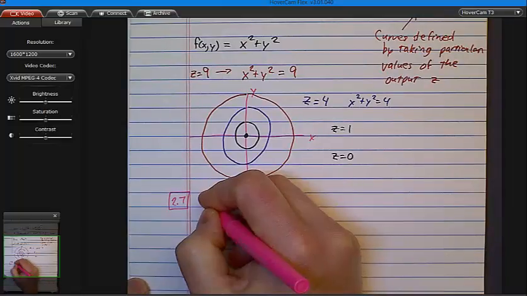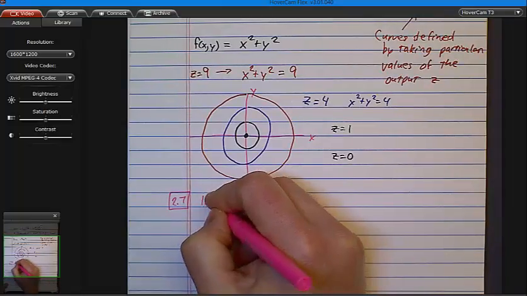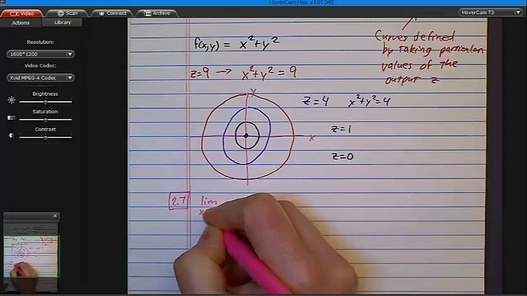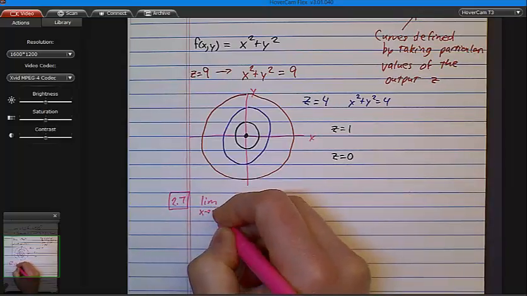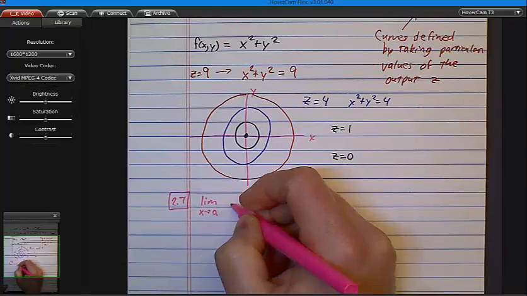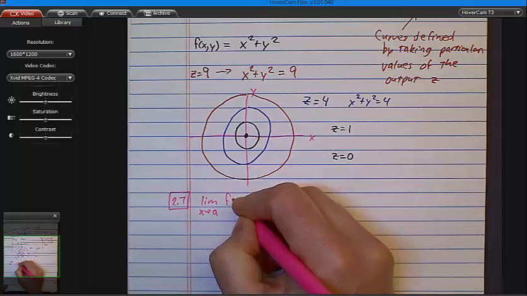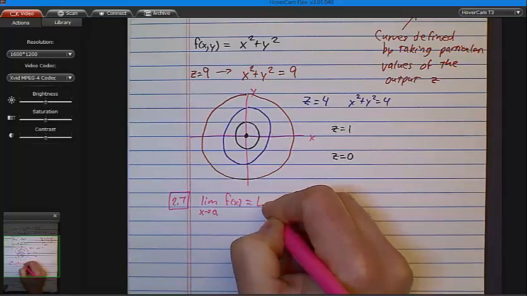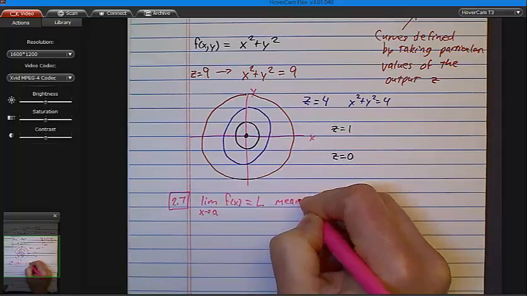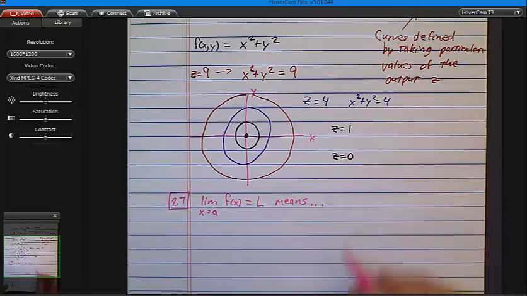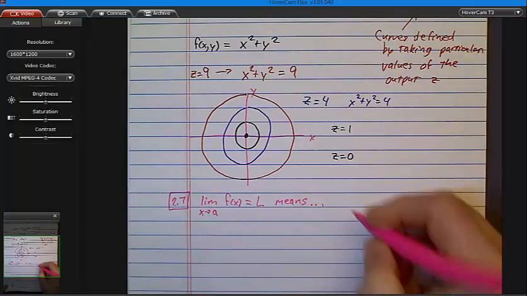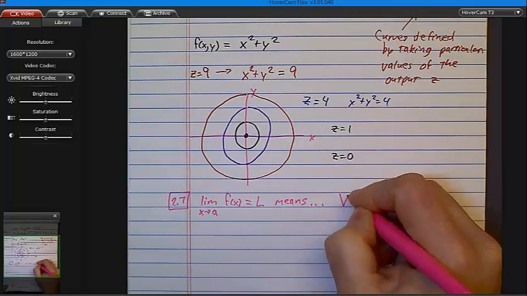Okay. We'll say the limit as x approaches, let's say a, of f of x equals L means, and yes, I had this definition I already wrote for you guys.